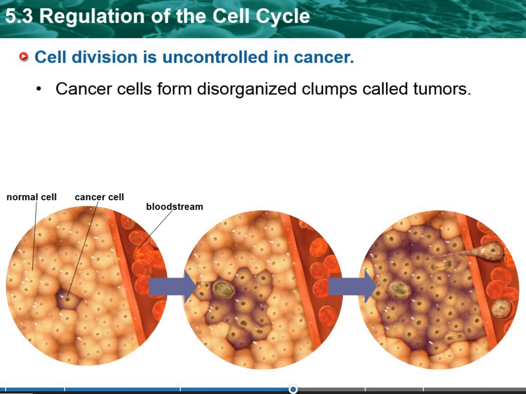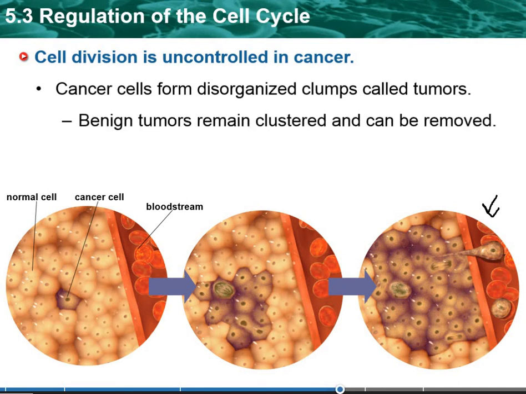And then you can see this far one right here, the cell actually gets into the bloodstream, and when it does that, that's what's called metastasizing, and the cancer can go to other areas. So if you ever hear someone say that the cancer has spread, that's what it means, it's usually gotten into the bloodstream and moved to different areas within the body.